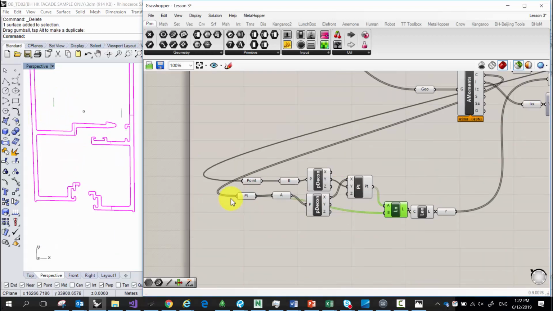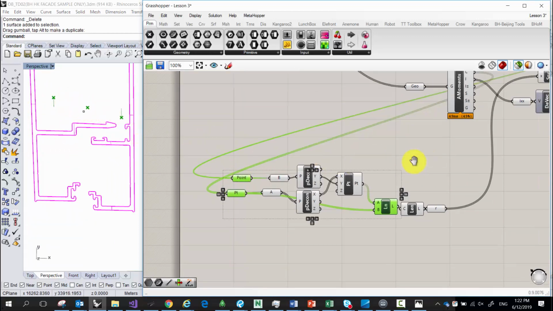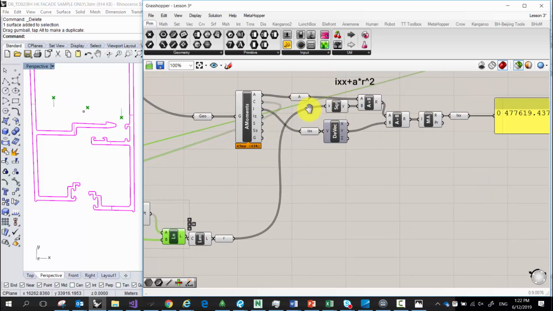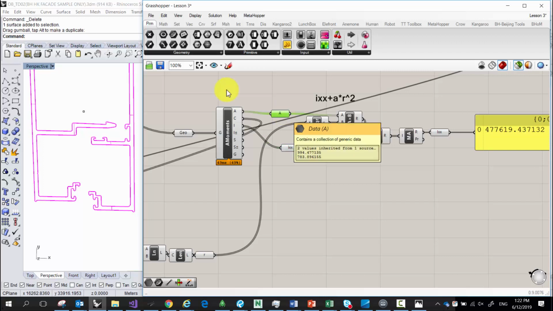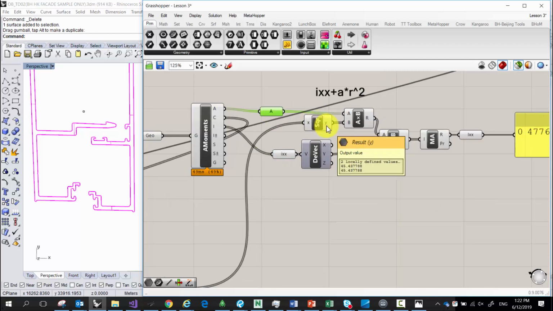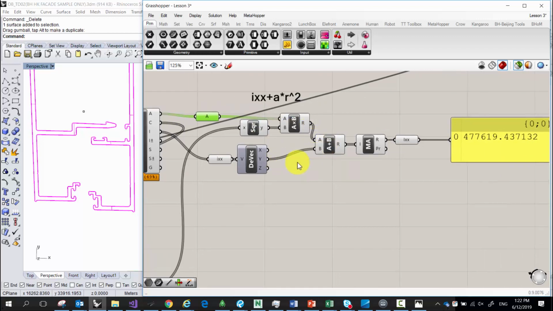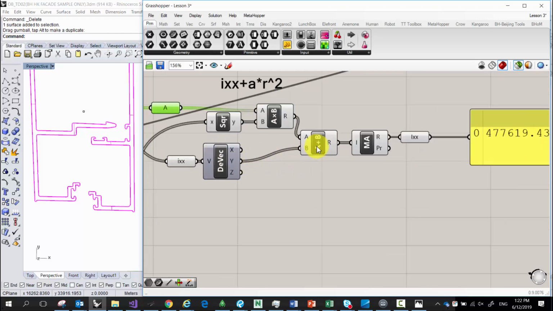That's these 2 centroids' distance to the main centroid, let's say the total centroid. And we said Ixx plus A times the square of this one. If we add those together, and then we do a mass addition.